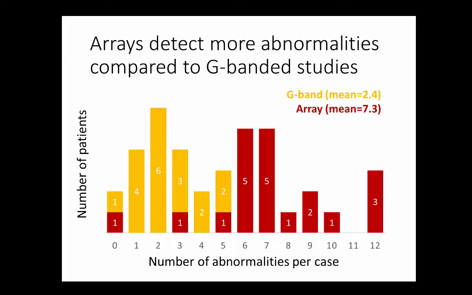And importantly, you can imagine that there might be some overlap between these two studies, in that if you have a very large deletion by G-bands, you would be able to see that also in array. But importantly, the majority, about 90% of array findings, were cryptic and not detected in G-band studies. So we're seeing a lot more by array, not unexpectedly.